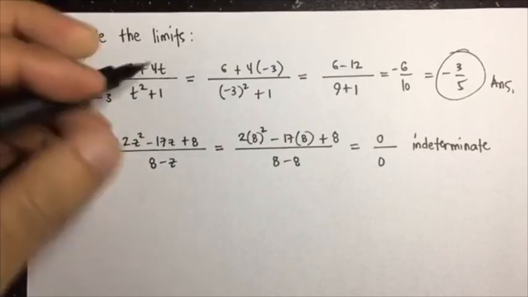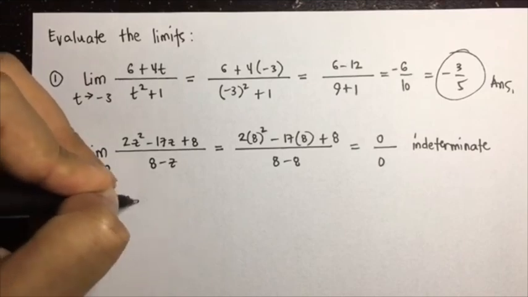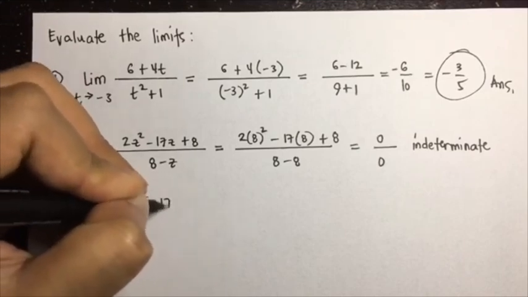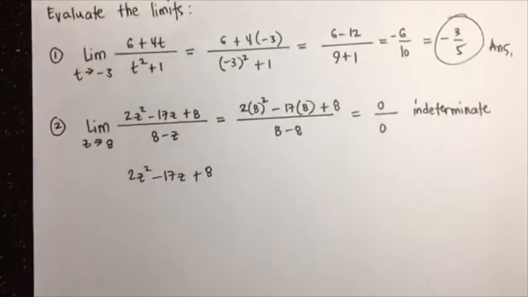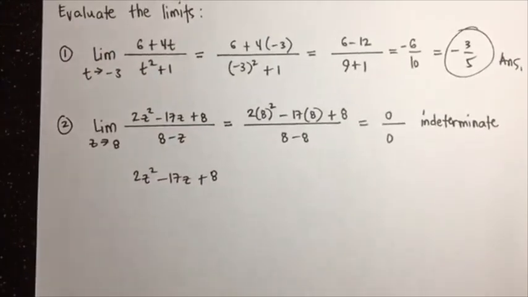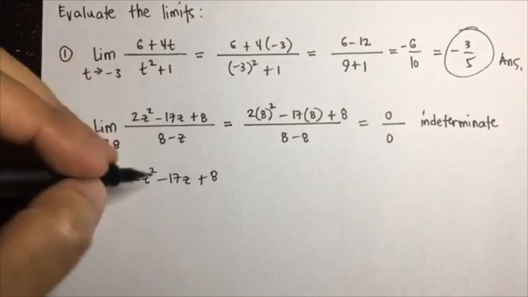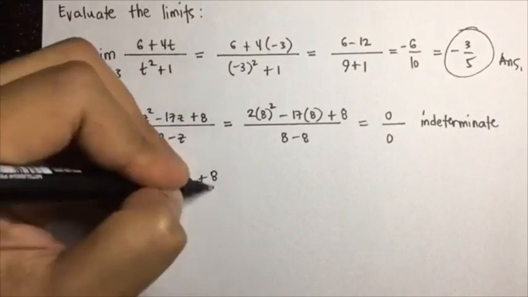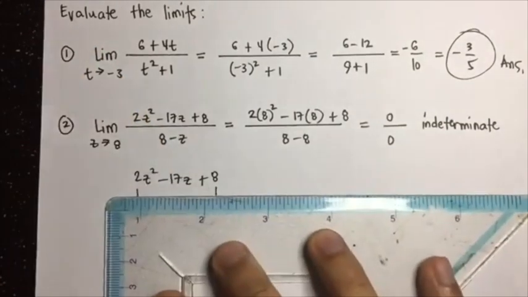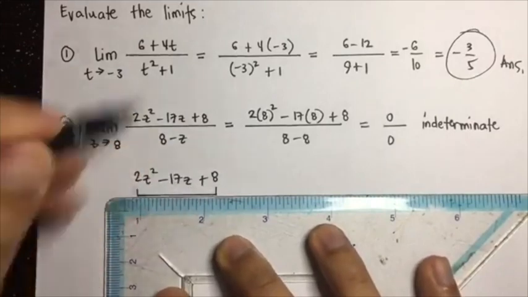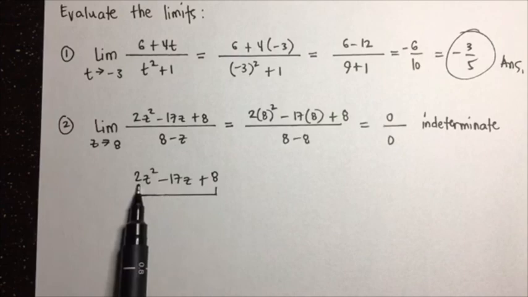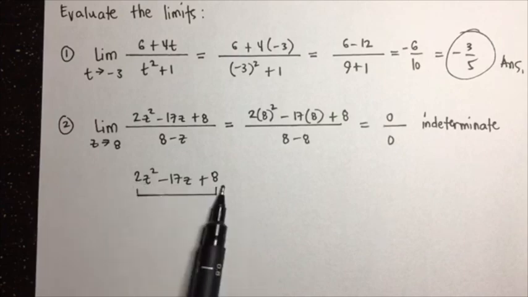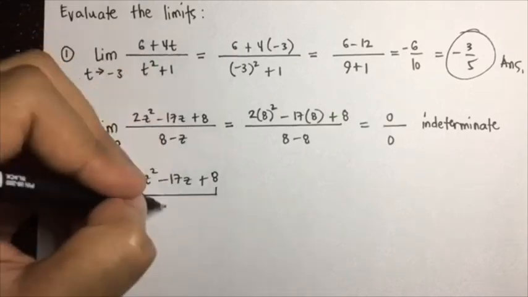The numerator is 2z squared minus 17z plus 8. Usually factoring this would be done by trial and error, but we'll use this method. We multiply the coefficients of the first and the last terms only: 2 times 8 is 16.